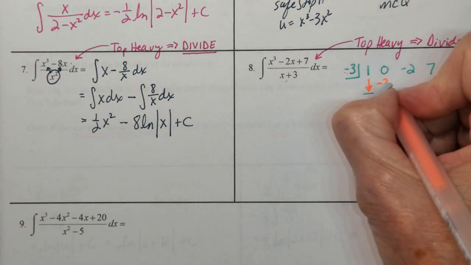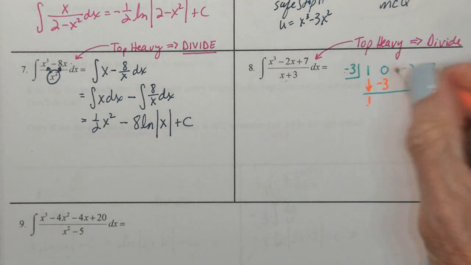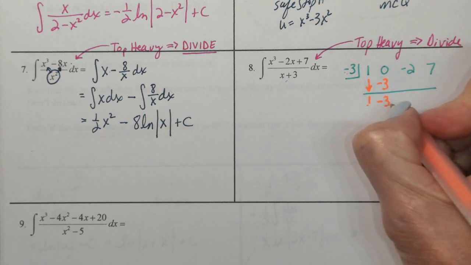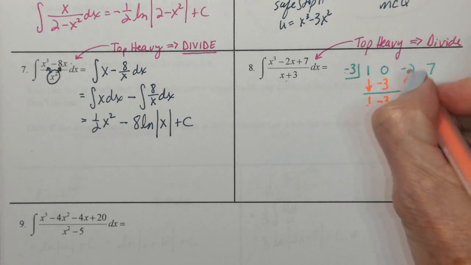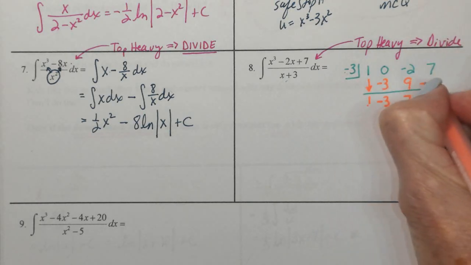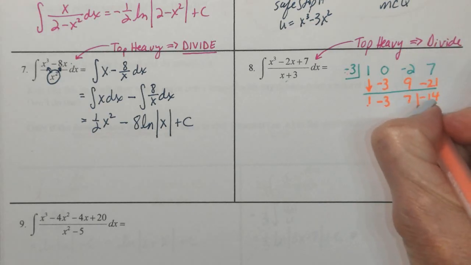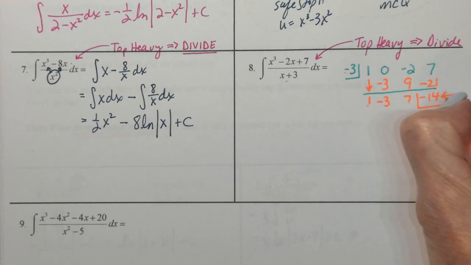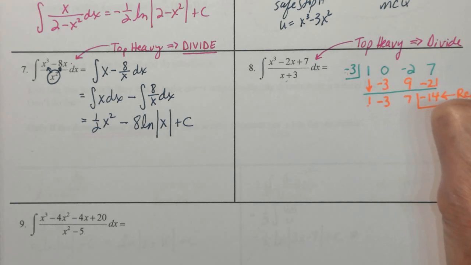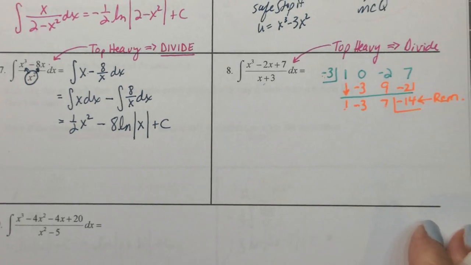So -3, and now we add. Multiply, add, multiply, add. Whatever is right here is our remainder. That's our remainder.